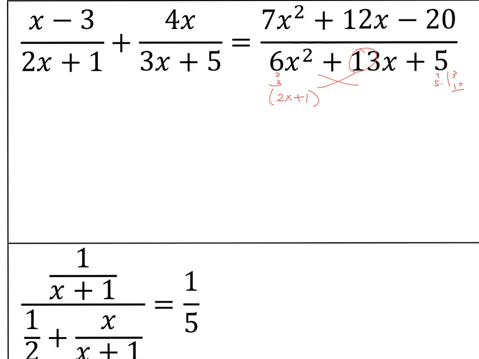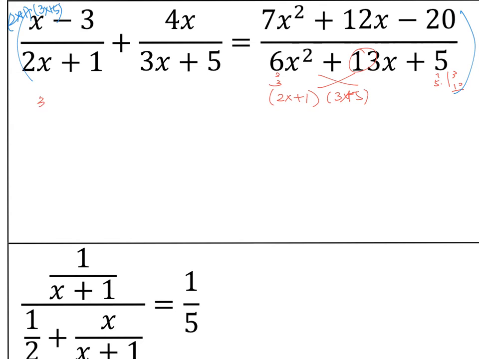So 2x plus 1, 3x plus 5. So then our LCD would just be 2x plus 1, 3x plus 5. Okay, and then now I can simplify or solve the rational equation.